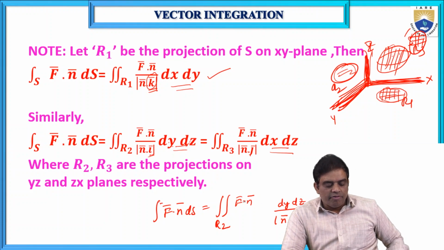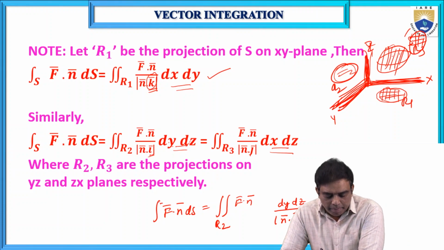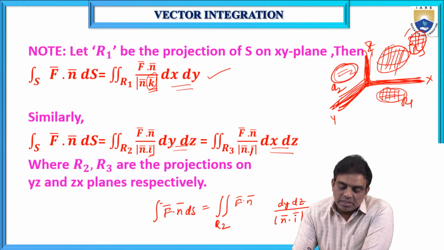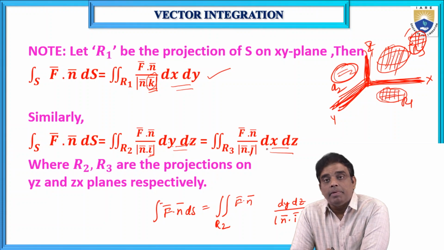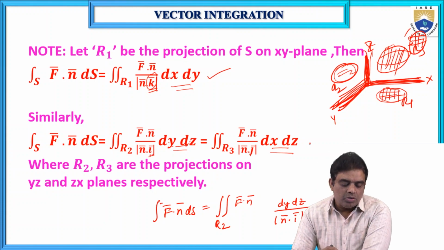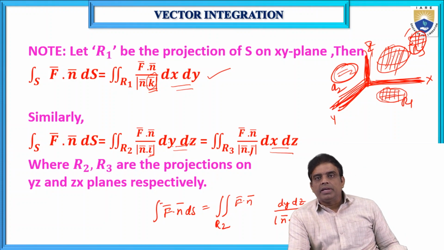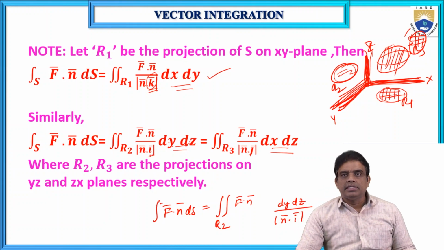So double integral f bar dot n bar by magnitude of n bar dot I bar, dy dz. Suppose if you consider the projection in the same way in xz plane, then double integral over R3 f bar dot n bar by n bar dot j bar into dx into dz. So these are the different formulas for considering the given surface on xy plane or yz plane or zx plane.